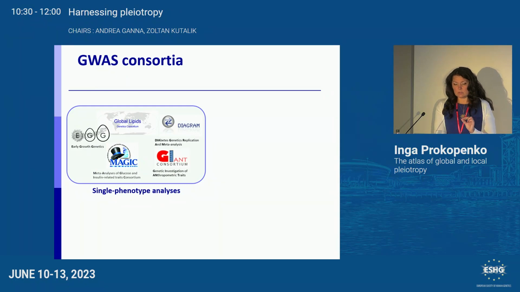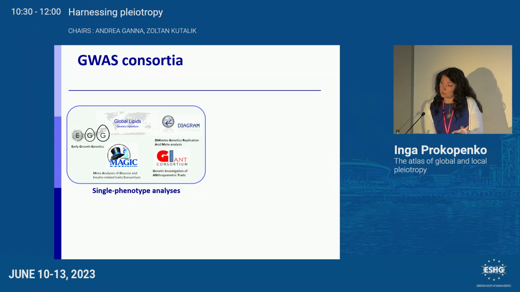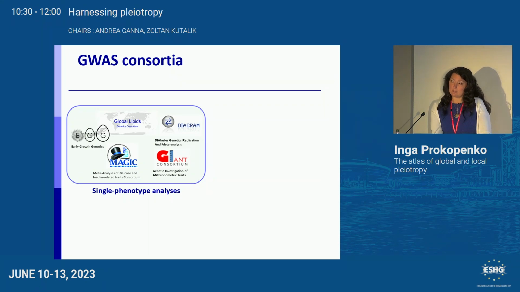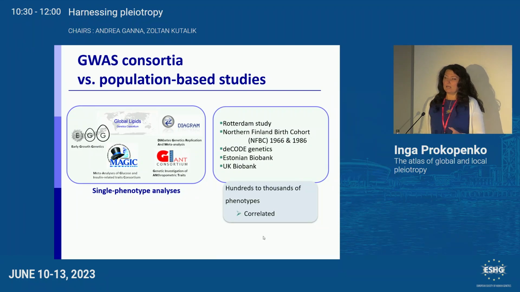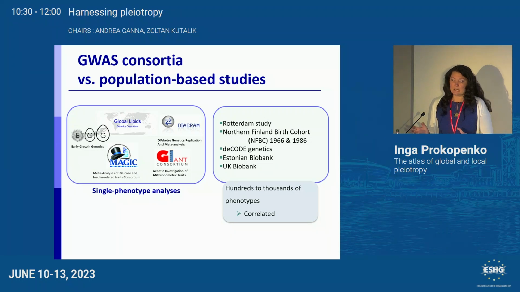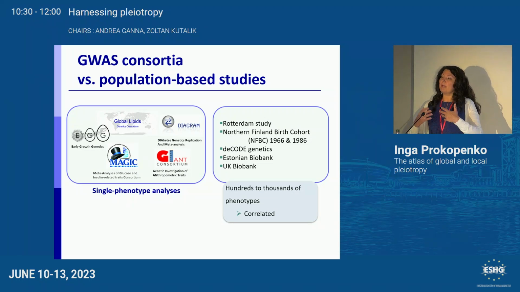And one final comment on multi-phenotype analysis. When we start thinking about GWAS consortia, there are many of them. They analyze data in a single phenotype analysis. Individual studies which have many phenotypes contribute to many of these consortia. So pretty much on the right-hand side, you can see studies which contributed to all those consortia on the left.